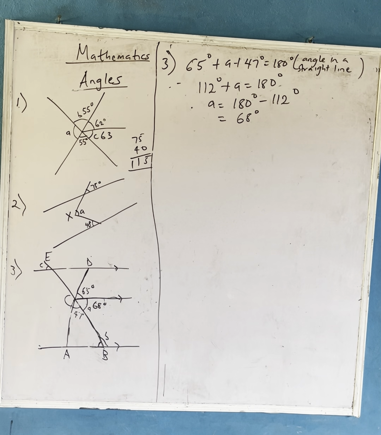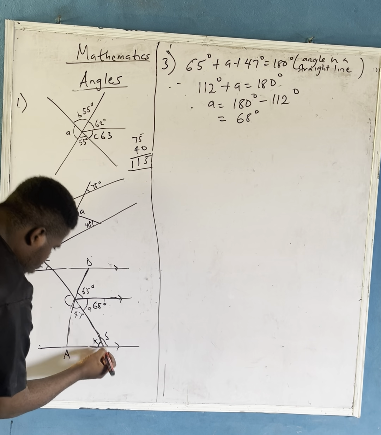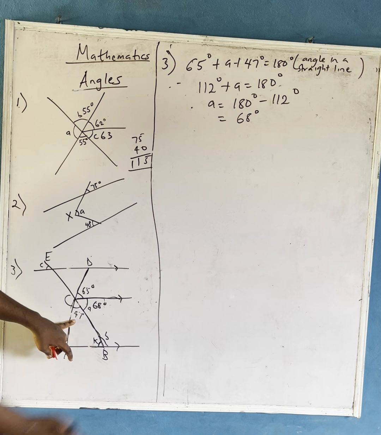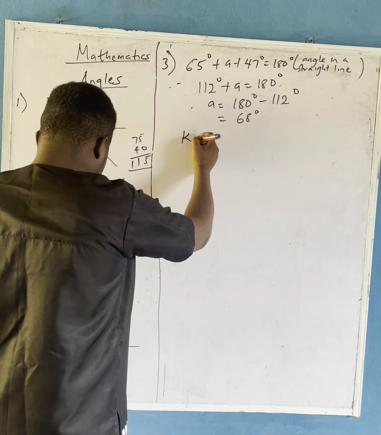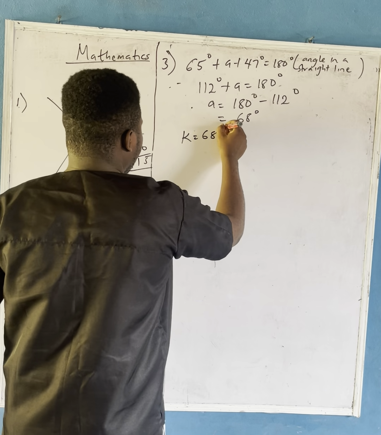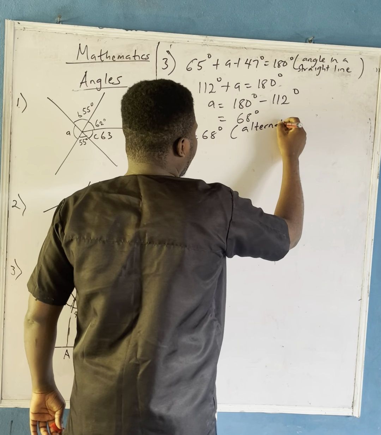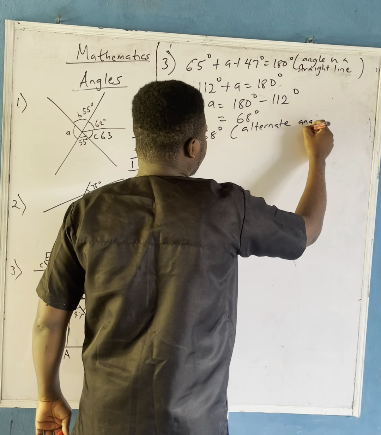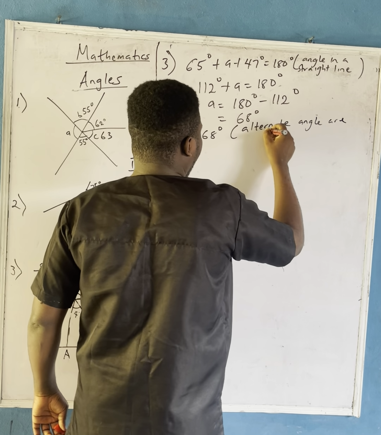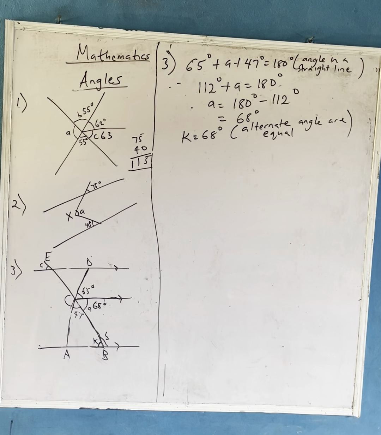Let me call it angle K. So K is equal to 68. That's because alternate angles are equal. So K is equal to 68.